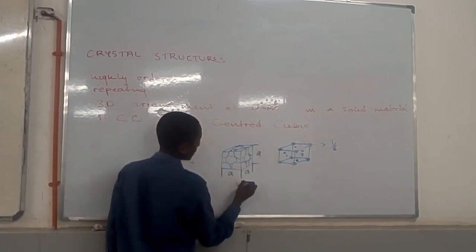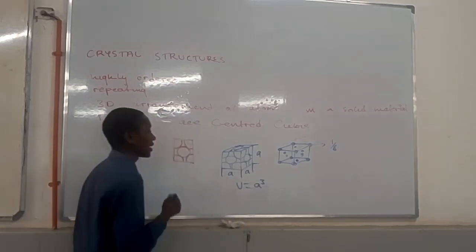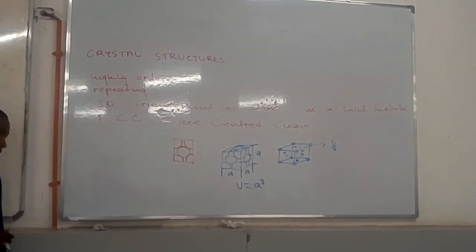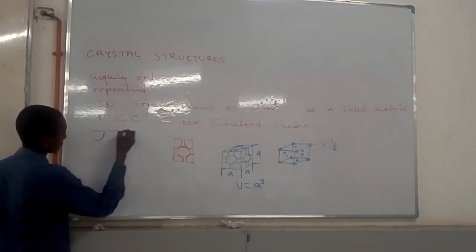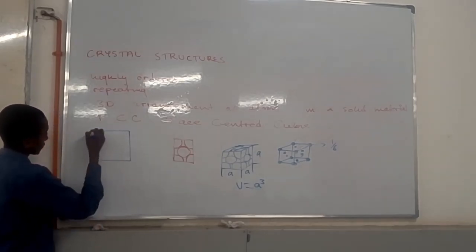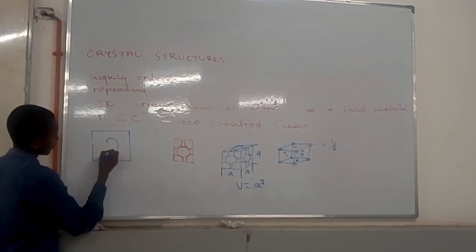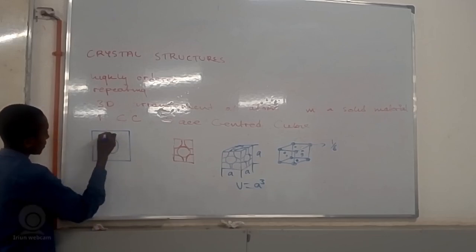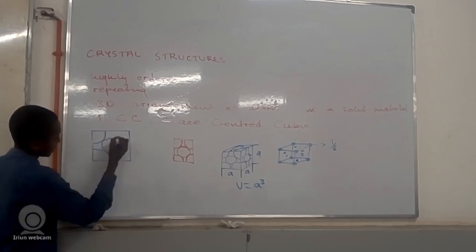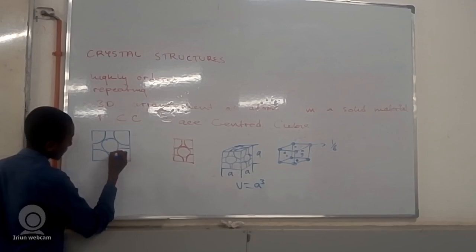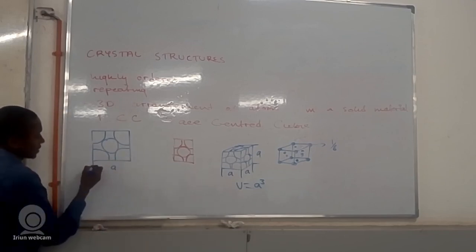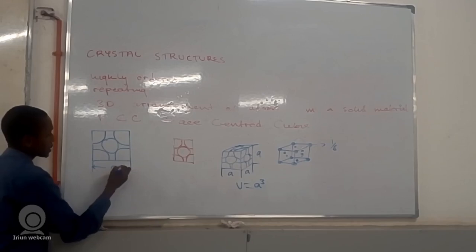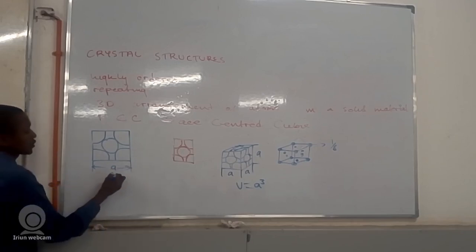We know that the volume V is equal to a to the power 3. But for this one, we have the center atom like that. We know that this distance is a, but we can't say that this distance is 2r.